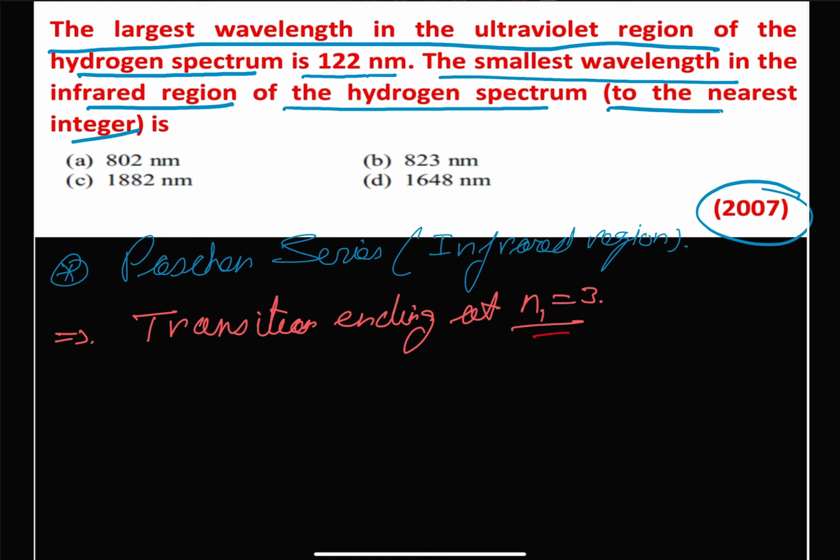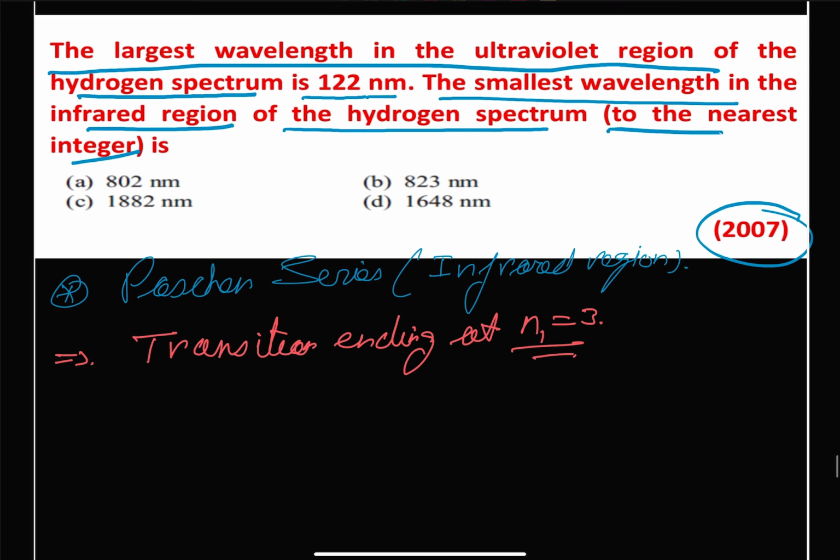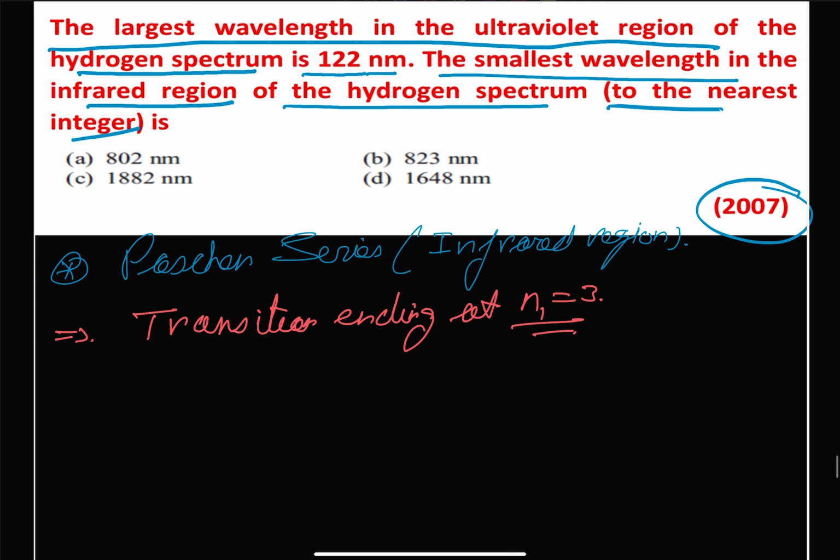So the lower state will be n1 is equal to 3. So we have to find out the smallest wavelength. Largest wavelength is given to us. So smallest wavelength means highest energy.